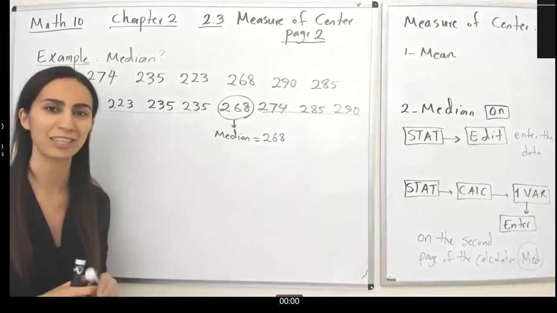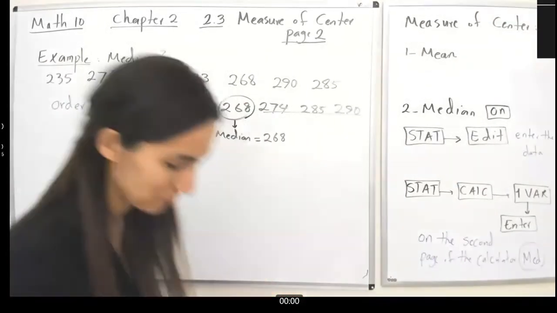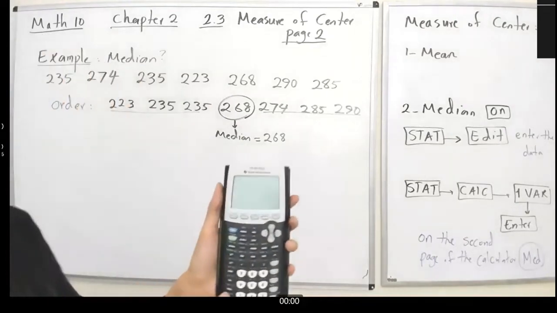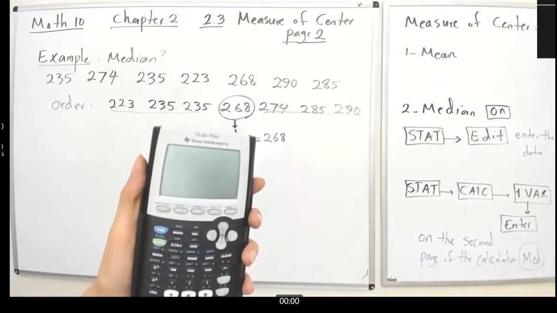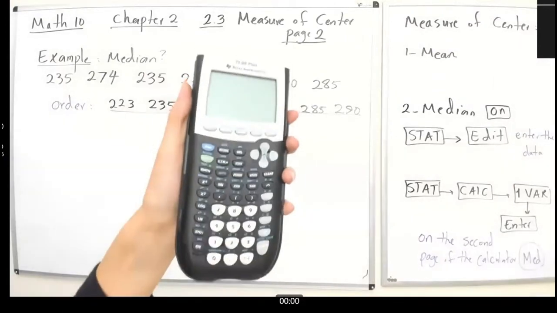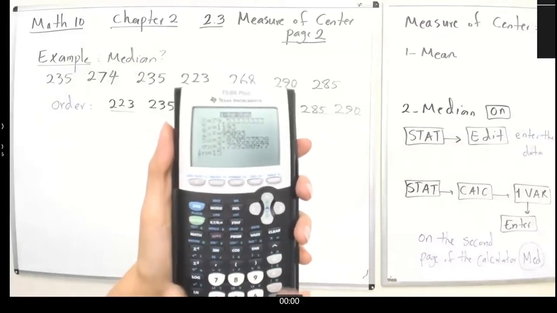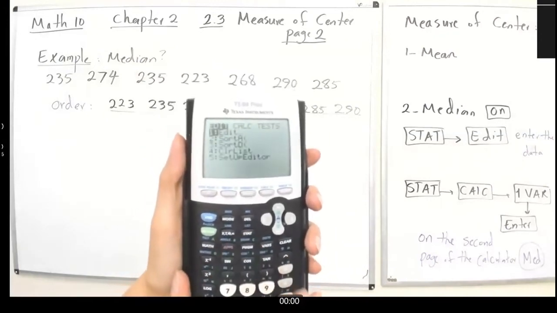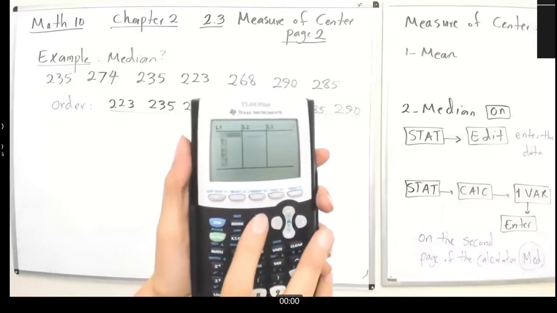Let us use our calculator and actually verify this answer. So, let us turn on the calculator. I'm going to go to Stat, Edit. I'm going to delete these numbers.